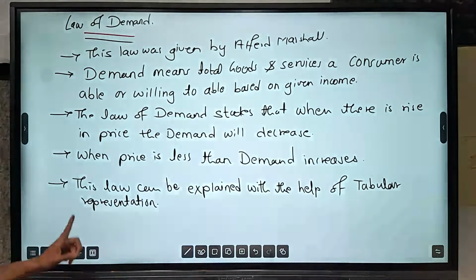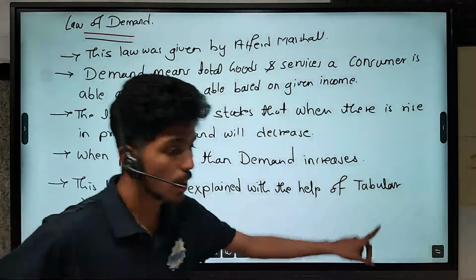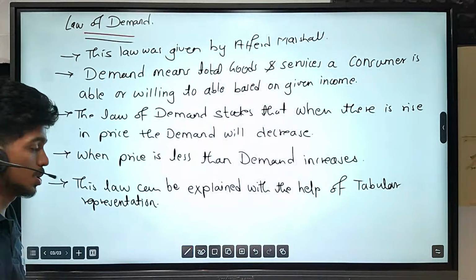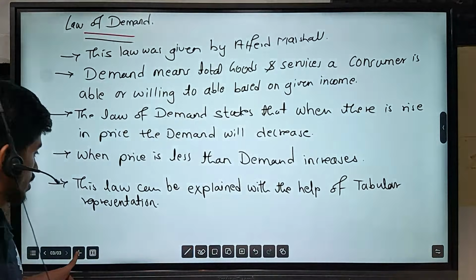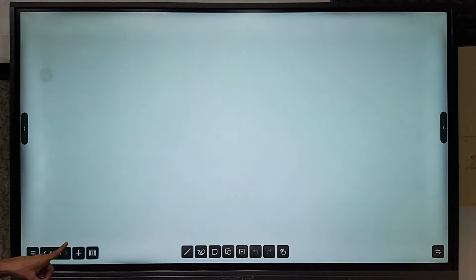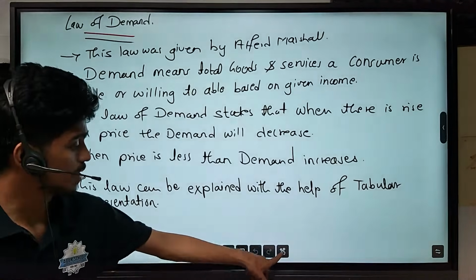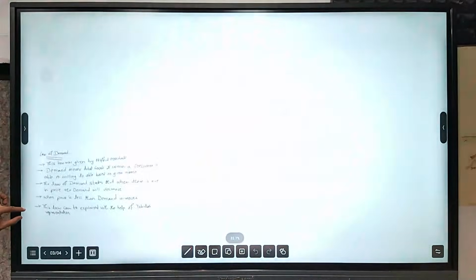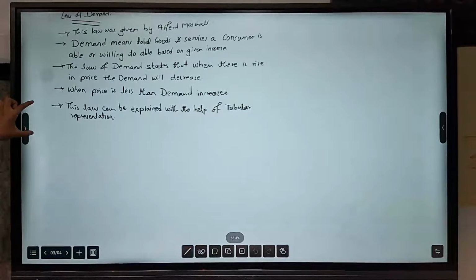Okay, this law can be explained with the help of tabular representation. Now you have to draw one table for this. Okay, we'll continue here only. We'll not take another page. Law of demand. Now what is the tabular representation?